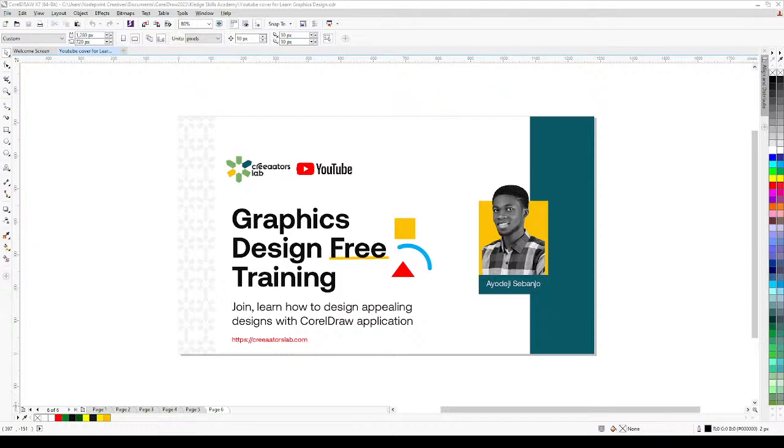Let me quickly give us a background to what we are looking at tonight. When we talk about graphic design, it simply has to do with the bringing together of different elements to pass a visual meaning, or to pass information visually.